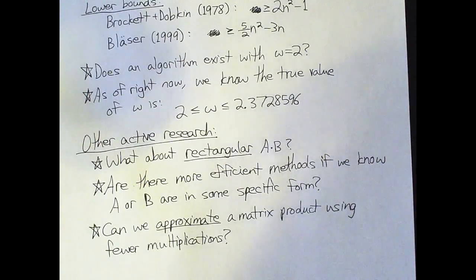It turns out that Schoenhag, who was on the timeline earlier, found a way to approximate 3 by 3 matrix multiplication using only 21 multiplications. That was in 1981. I did not include that on the list because the list was interested in getting the exact answer. But this is a different type of problem, and people are studying this as well.